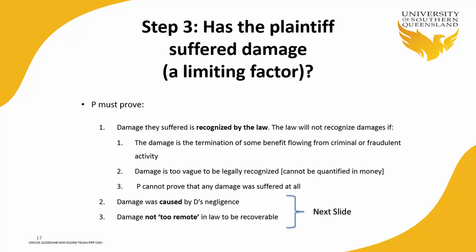Or where the plaintiff cannot prove that any damage was suffered at all. So the plaintiff, first of all, must prove that the damage suffered is recognized by the law, and that the damage was caused by the defendant's negligence, that is, the breach of their duty of care, and that the damage is not too remote in law to be recovered.